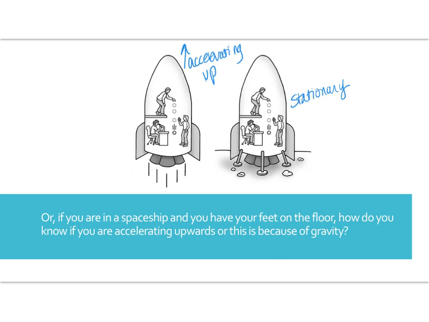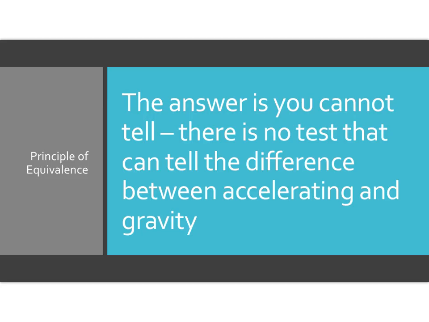So the idea of the principle of equivalence is that these two cases are exactly the same, but there's no way for anyone to perform an experiment to determine whether they're accelerating or they're under the influence of gravity. You just can't tell. That is what the principle of equivalence is.